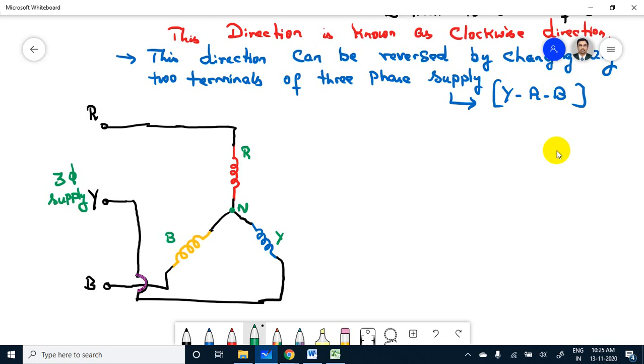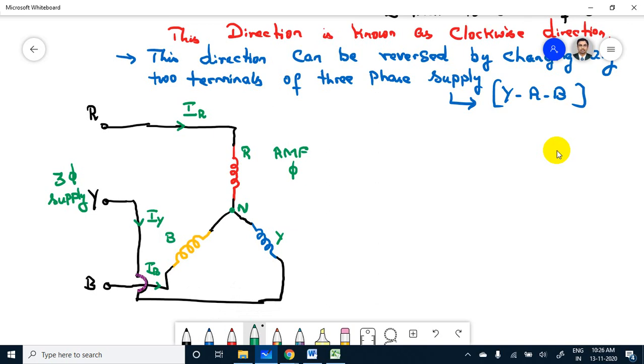Okay, the current flowing in R phase is IR, in Y phase is IY, and in B phase is IB. So the rotating magnetic field, RMF, is nothing but flux, phi.